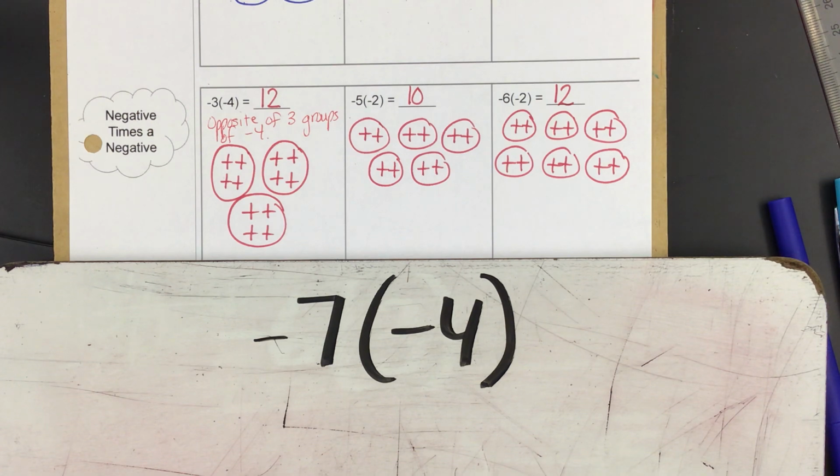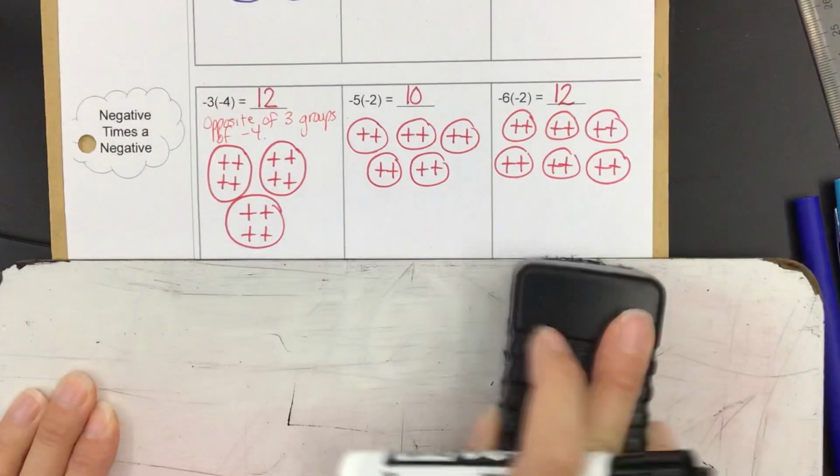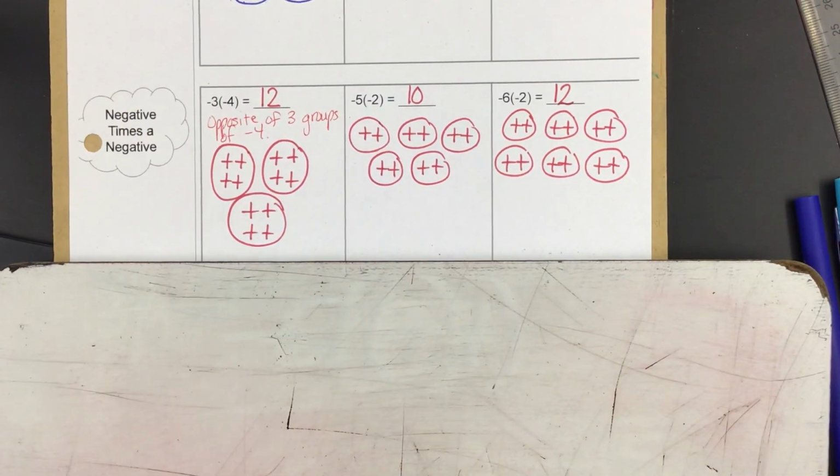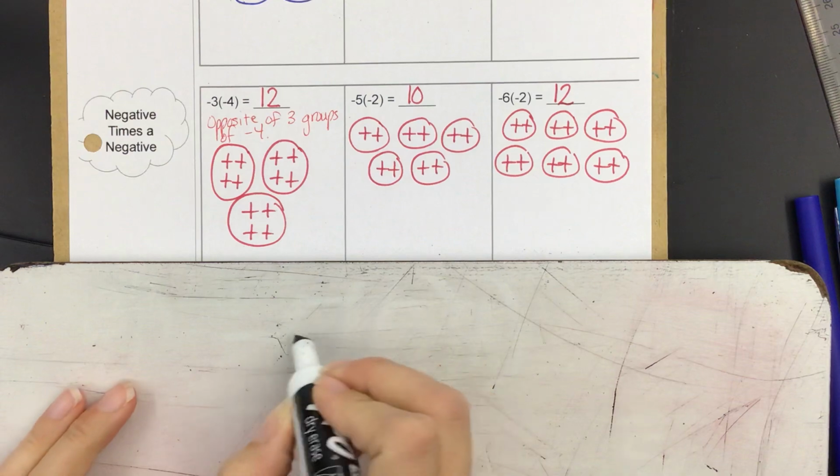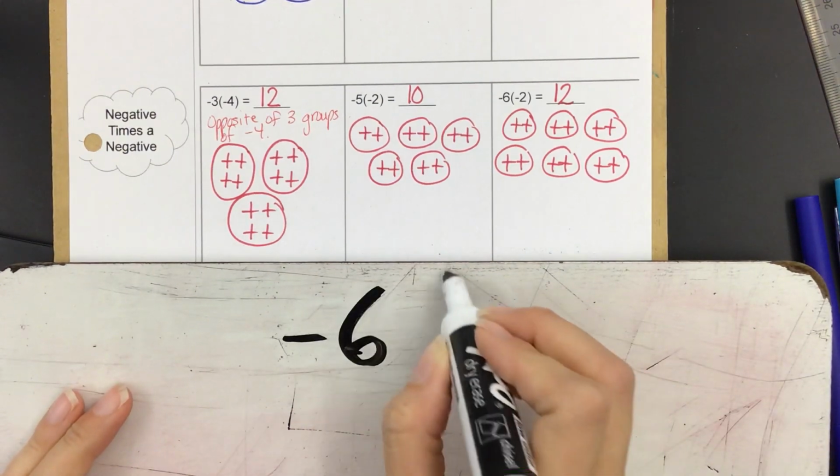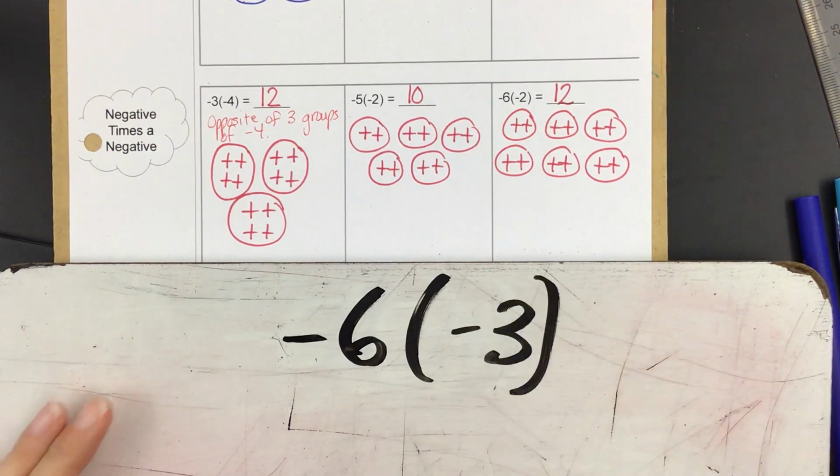Let's try another one. Let's do -6 times -3. Try that. This table, you guys are good.